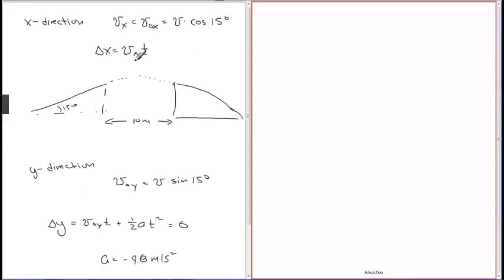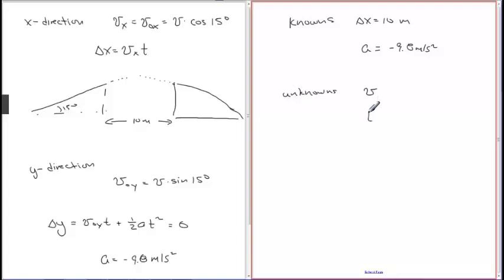So our knowns are, we know that delta x is equal to 10 meters. We know the cosine of the angle. What else do we know? We know the acceleration is negative 9.8 meters per second squared. Our unknowns are v, the speed, and t, the time.